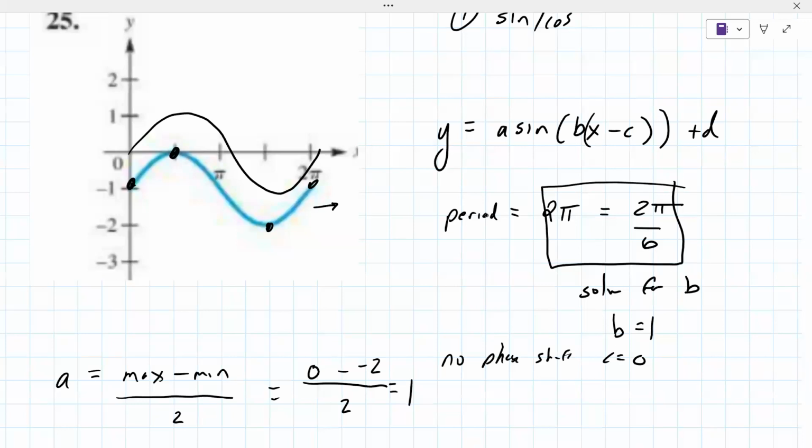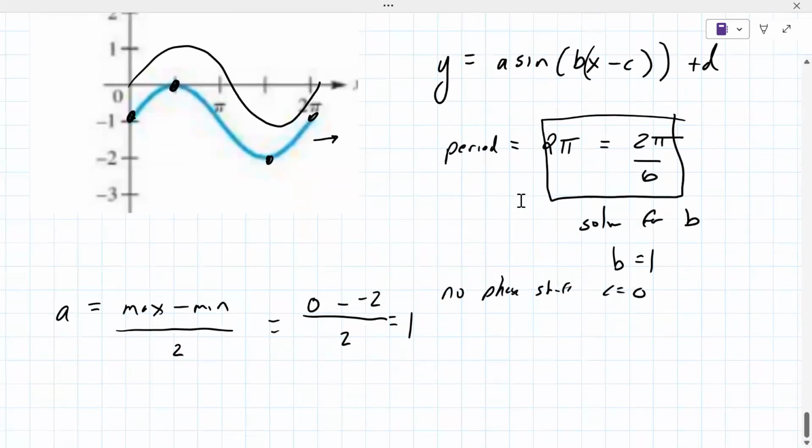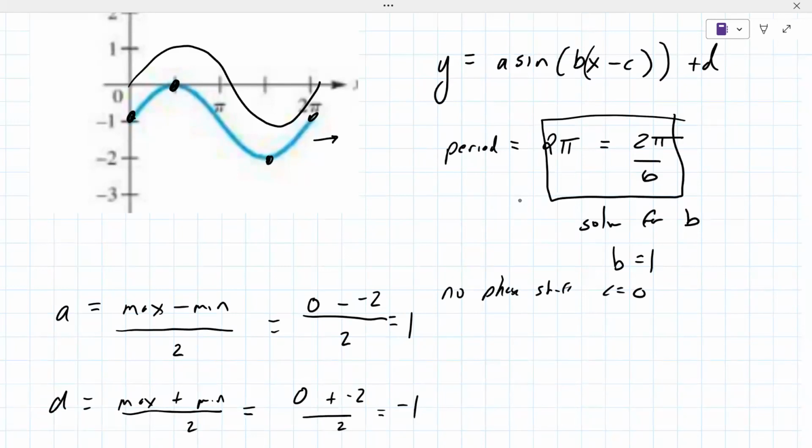That's the value of a, kind of. If it's reflected, then you have to apply a negative sign, but we'll get to that at some point. d is the max plus the min divided by 2. So this time it's 0 plus negative 2 divided by 2, which ends up being -1.